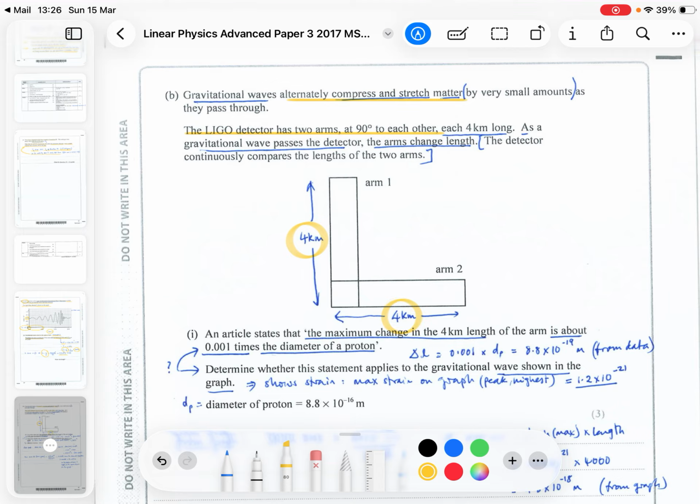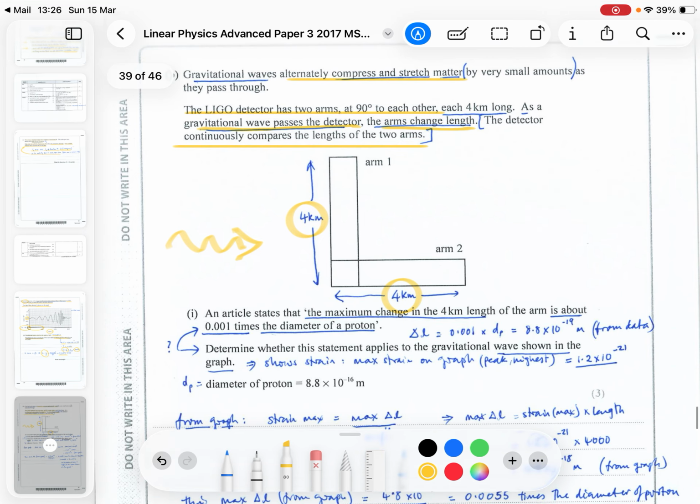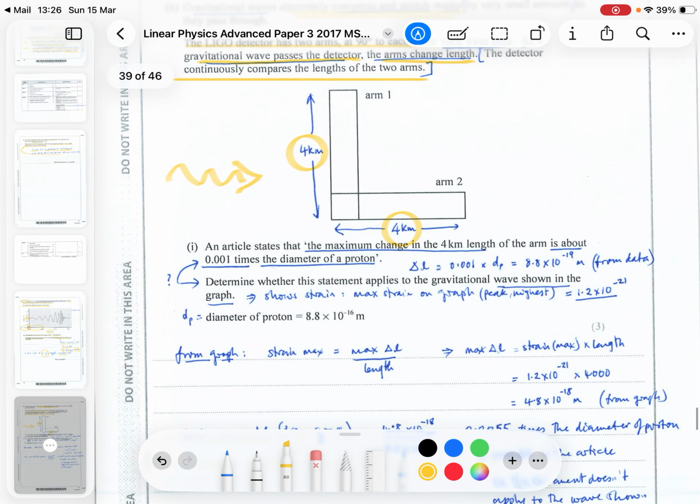As the gravitational wave passes through the detector, the arms change length, and depending on the orientation of the direction, say the waves are coming in from this way, it will have a different effect on the 2 arms because they're at right angles to each other. The detector compares the length of the 2 arms looking for changes, the compressing and stretching.